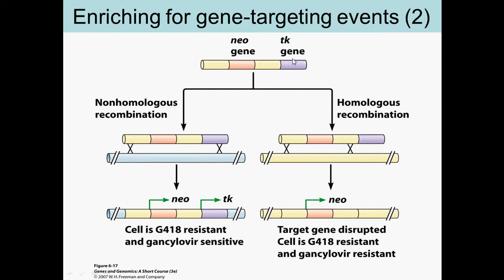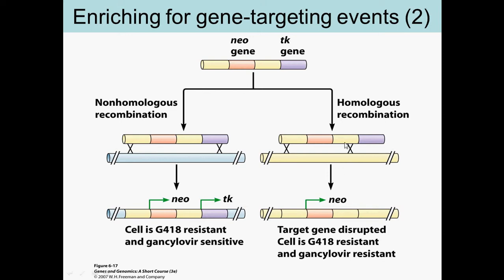So any cells that have TK active are gonna die. So if it does non-homologous recombination and TK is expressed, that cell is gonna die. So the only cells that are gonna live are the ones that are homologously recombined.